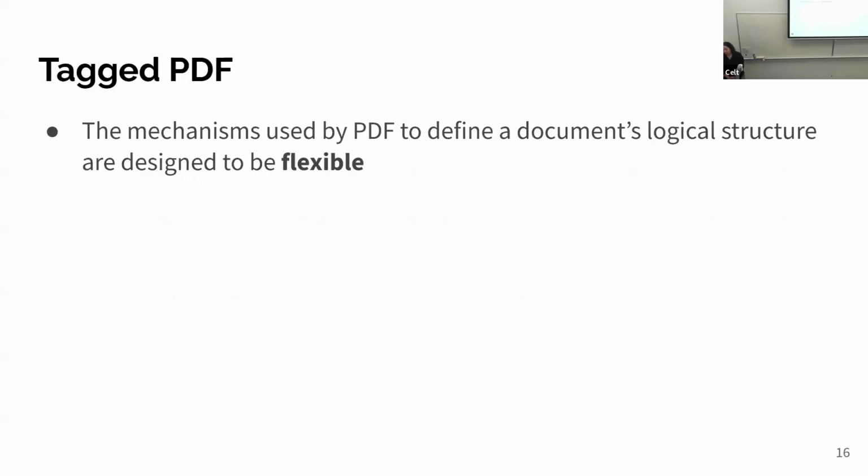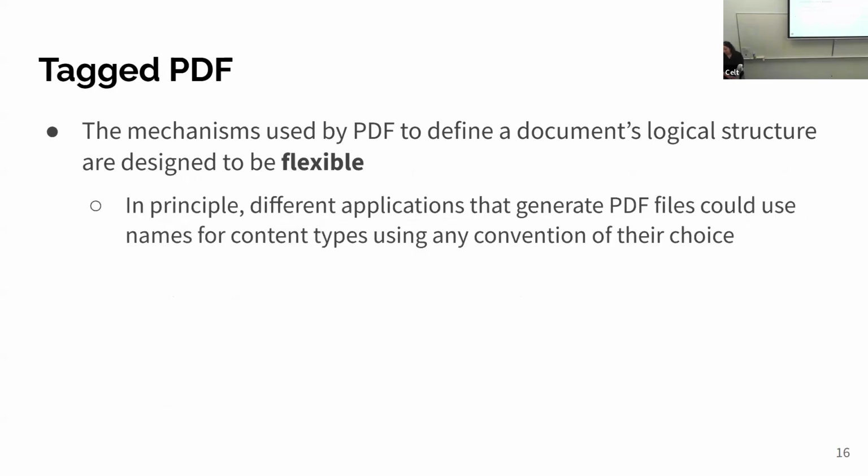So coming back to tagged PDFs, the mechanisms used by PDF to determine a document's logical structure are, by design, flexible. In principle, different applications that generate PDF files could use names for content types using any convention of their choice.